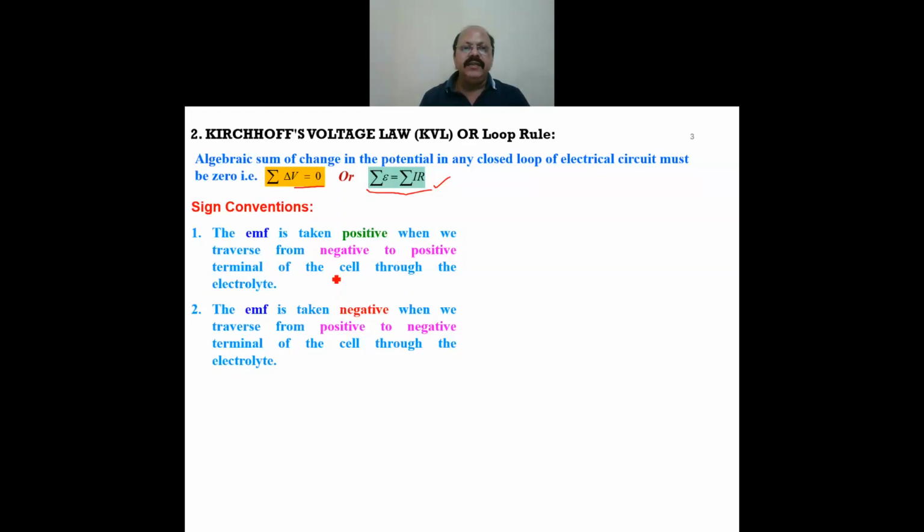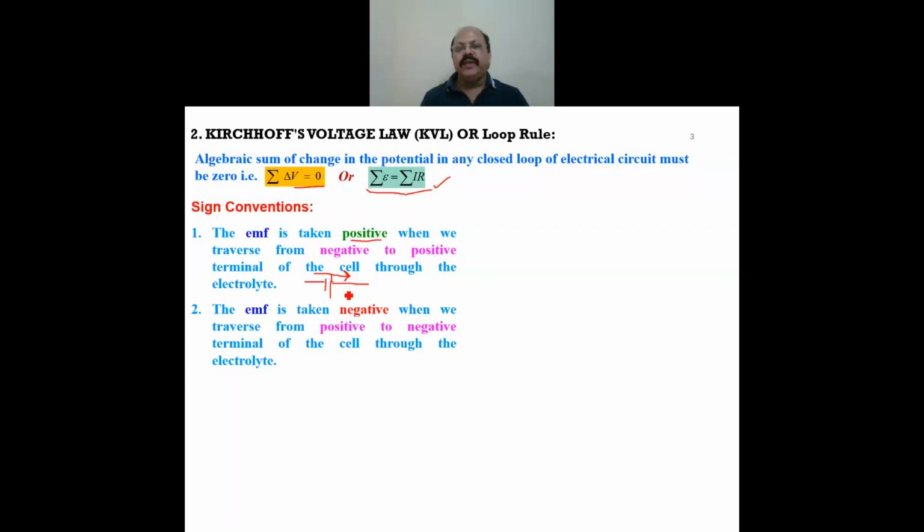You just see that here, suppose I draw a diagram like that. In the first case, when the direction of the loop is from lower potential to higher potential, that is from the negative terminal to the positive terminal, then the EMF is taken as positive.